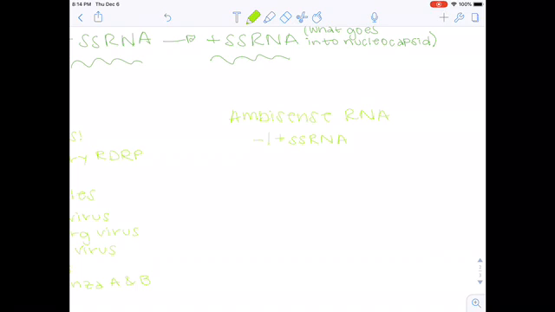All right, they are categorized with the single-stranded RNA viruses because the negative sense portion of their genomes is not translatable like the positive sense.